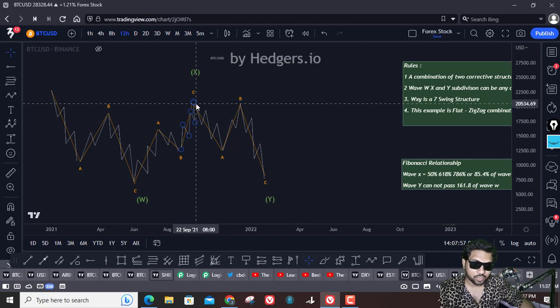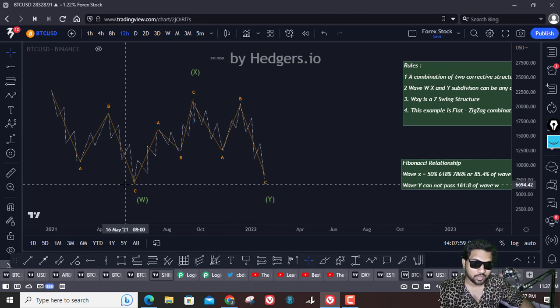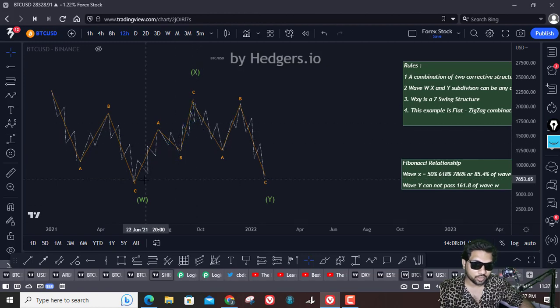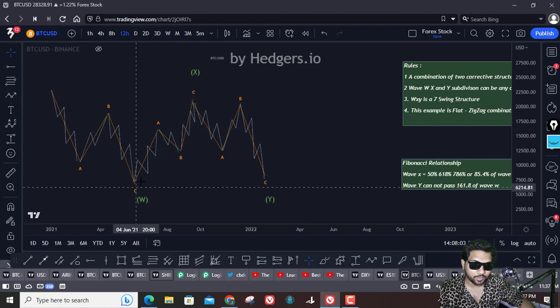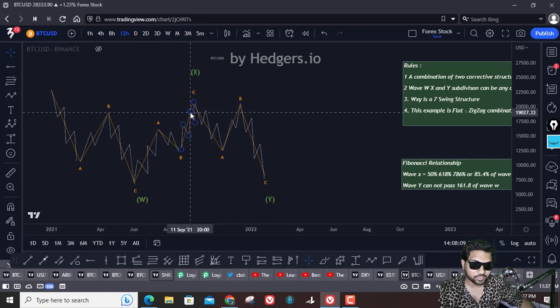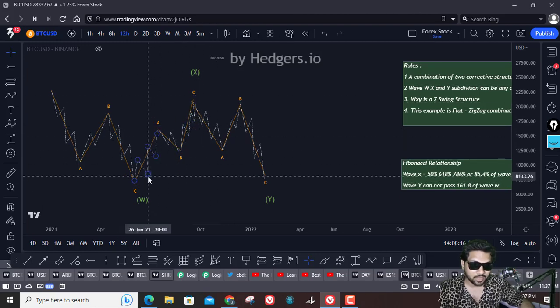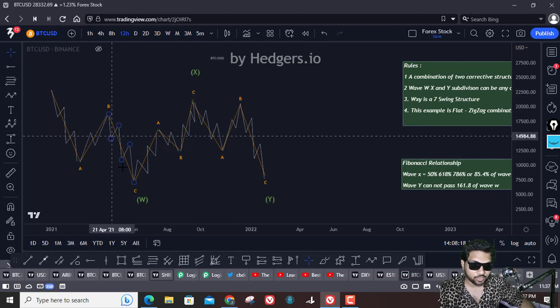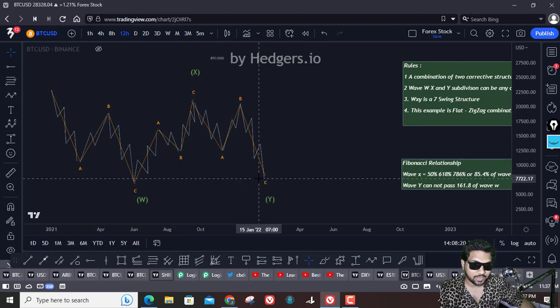That will be counted as a swing 1. It won't be counted like 1, 2, 3. It will be counted as the whole 1, because we are in the downtrend, and that is a rule: in the downtrend, the corrective wave to the upside will be counted as a swing 1. So that's why we are counting it as a 1. So this is 1, 2, 3, 4, 5, 6, 7. Okay, so that is rule number 3.